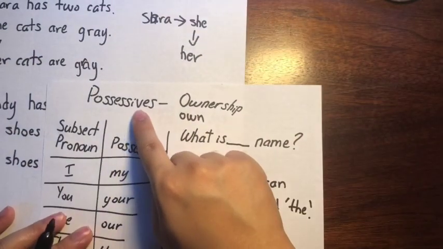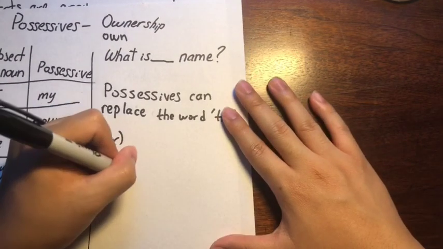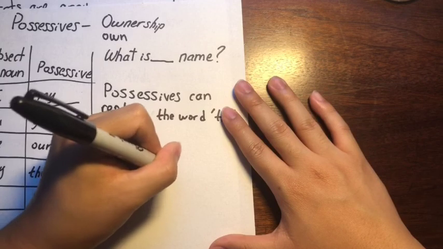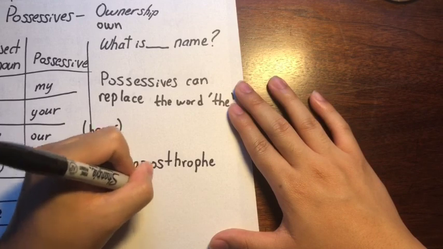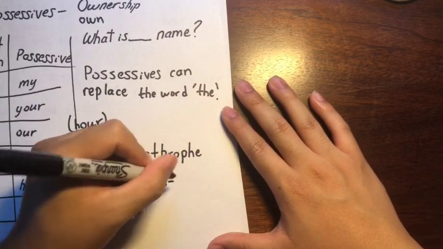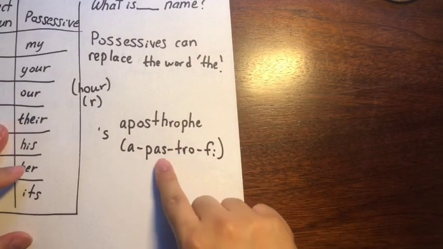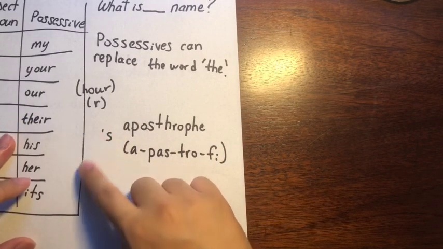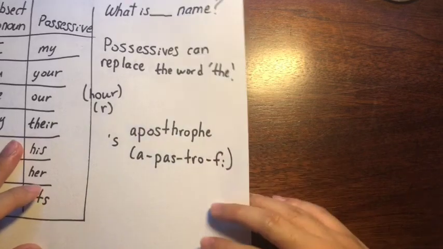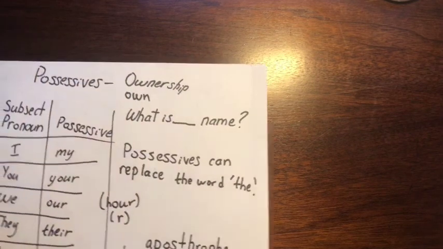Another way we can show possessives or ownership is we write the apostrophe S. This is the apostrophe S. So we can use the apostrophe S to show ownership.